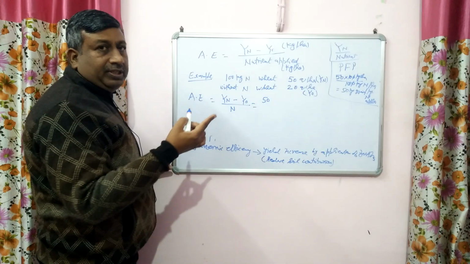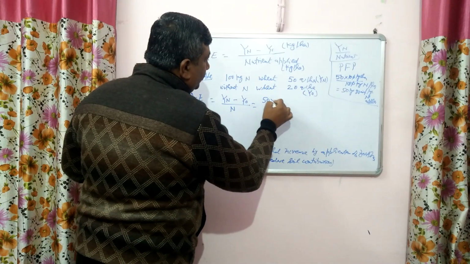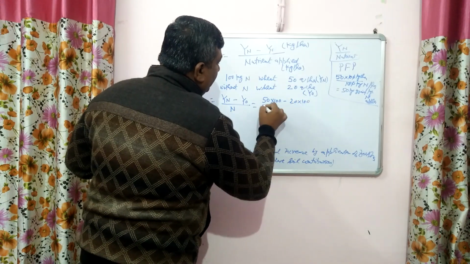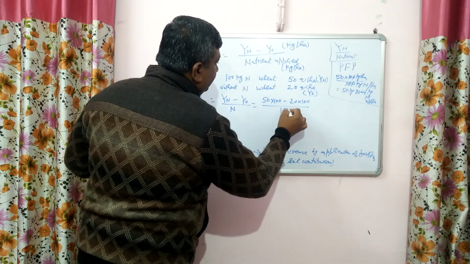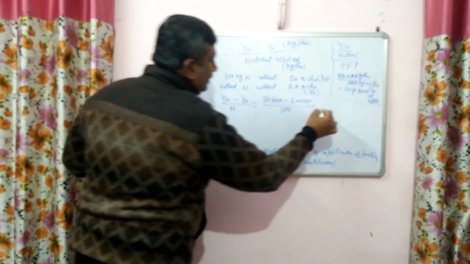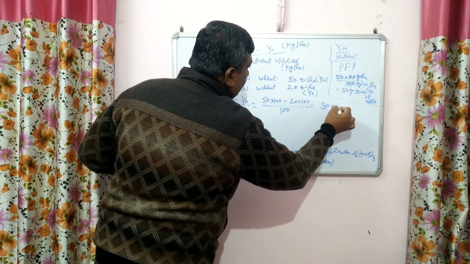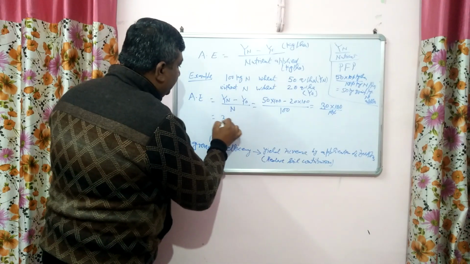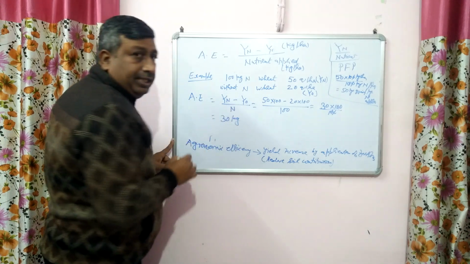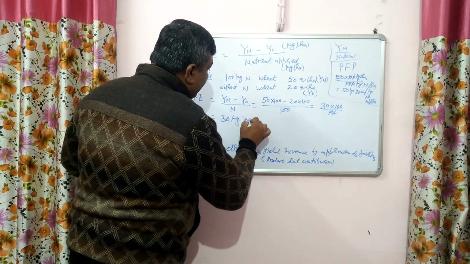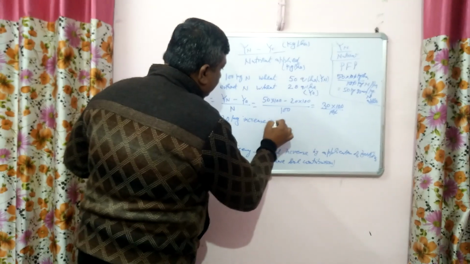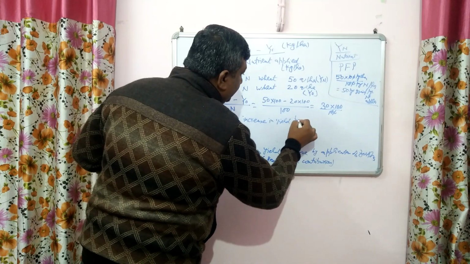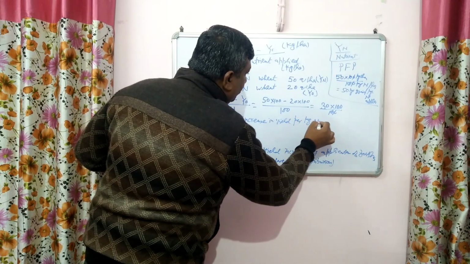50 quintal we have to convert into kg, minus 20 into 100 kg per hectare divided by 100. Okay, so it is 30 divided by 100, that is 30 kg. 30 kg increase in yield per kg nitrogen application.